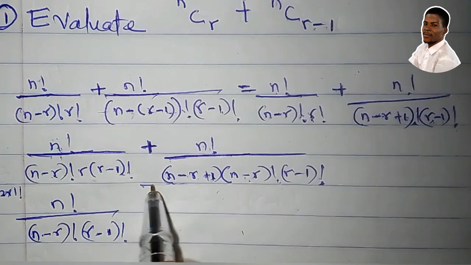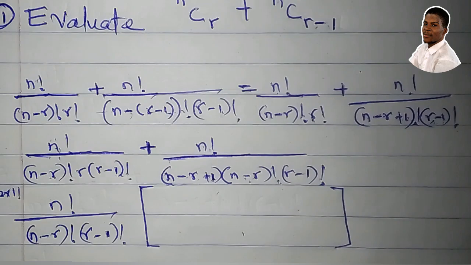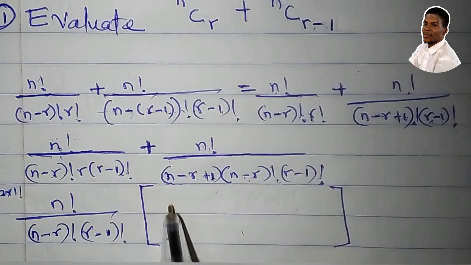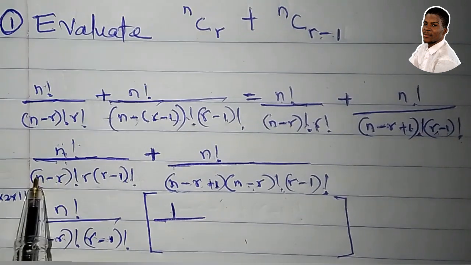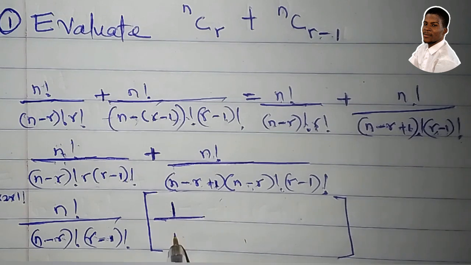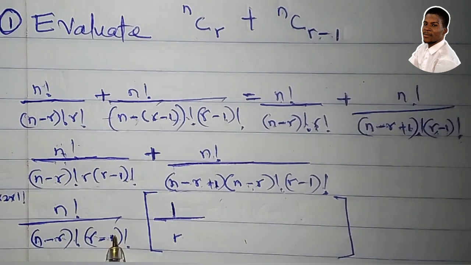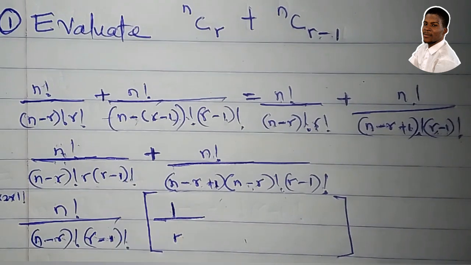And if we do that, this is what we'll be having in brackets. n factorial divided by n factorial is 1. Of course, what is left at this denominator is just r, so that (n minus r) factorial, (r minus 1) factorial times r will still give us what is here.